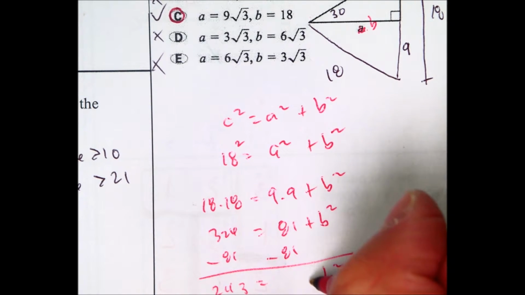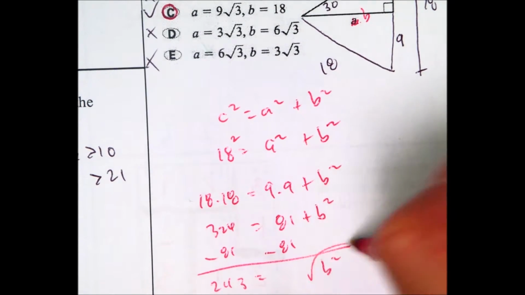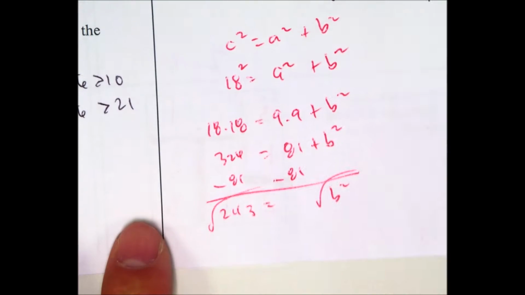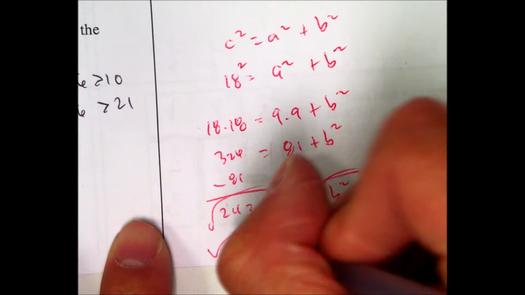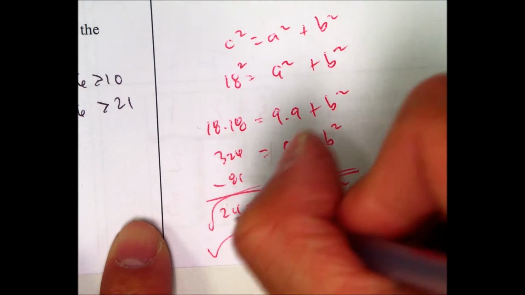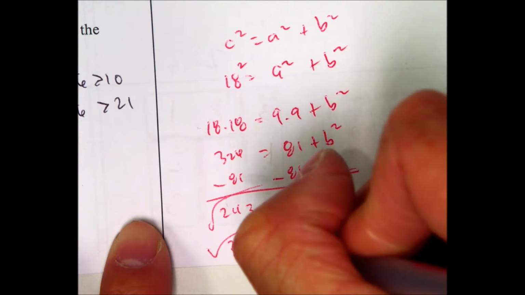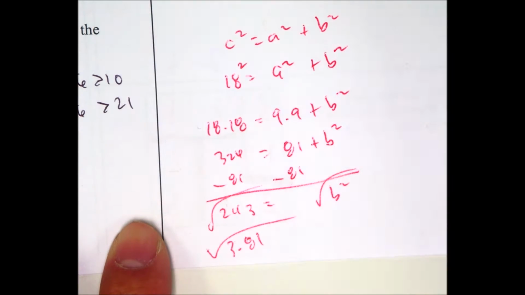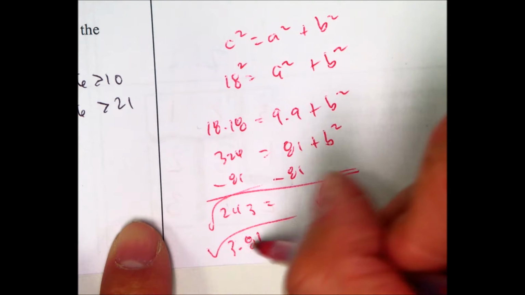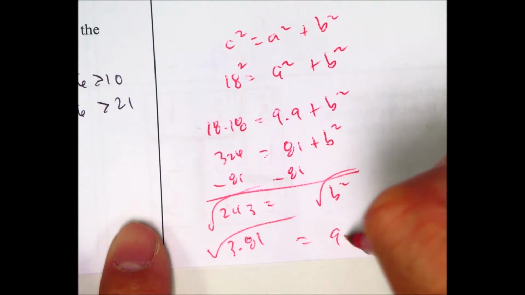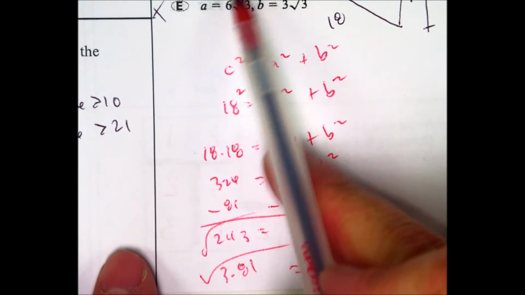Use your calculator. Square root of 243. I'm just looking for pairs, so let's say 3. 3 goes into 24 8 times. 3 goes into 3 once. The square root of 81 is 9. So 9 radical 3 would be my answer.